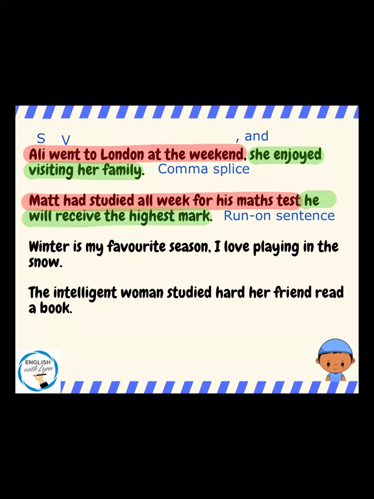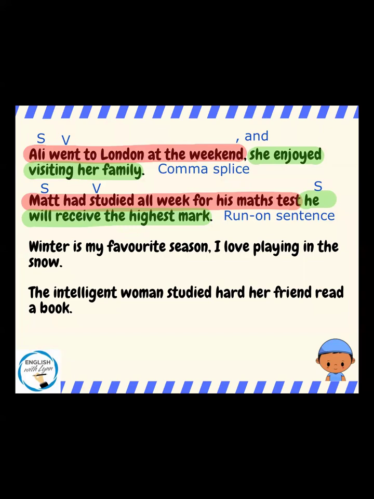Now, I think with this, I've got Matt as my subject, had studied is my verb chain, he again is the subject, and will receive is the verb chain. And I think I am going to use something that we haven't used yet. I think I'm going to put a semicolon and I'm going to use a conjunctive adverb in there.